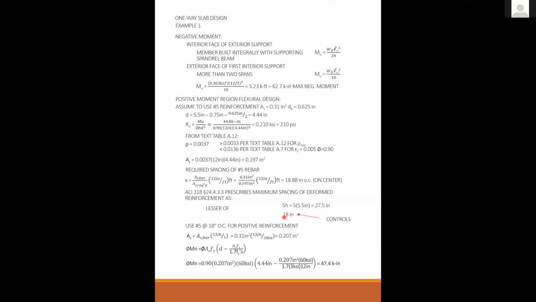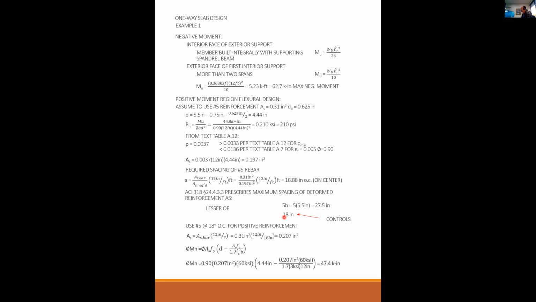Quick question, Professor, and it has to do with what he just asked. We're comparing 18.88, 27.5, and 18 is the smallest from ACI, so that's what we're going with. So if, for example, it was 19 or 19.5, we would still use 18 from the ACI? Yes, because what ACI is giving you is maximum spacing.